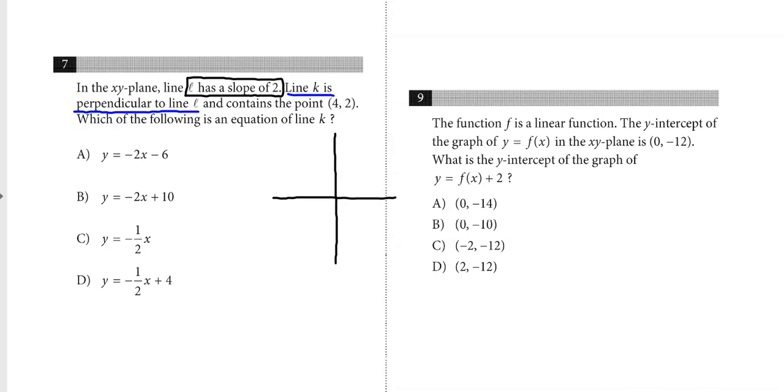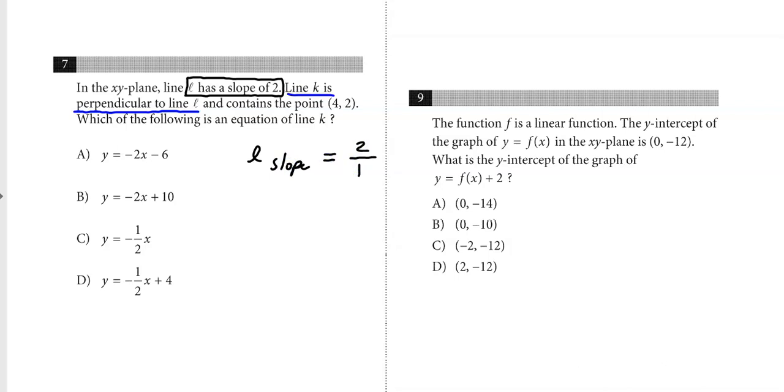If line L has a slope of 2, which I could also write as 2 over 1, because with slope I like to have a rise and a run.